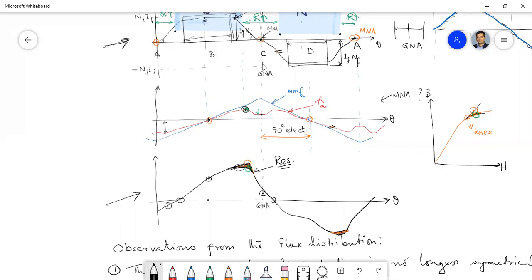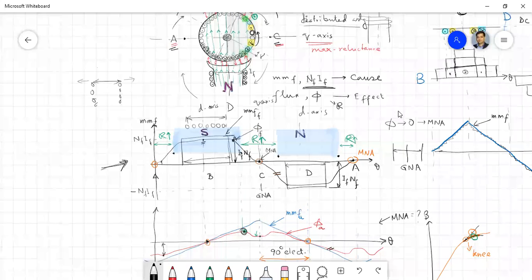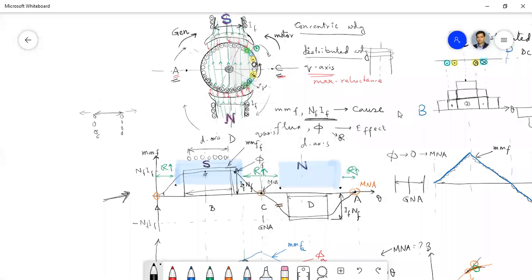Now, in which direction is the motor rotating? If I consider it's a motor, then in which direction is the armature rotating? When we are drawing this distribution in linear form, in which direction is the machine rotating as a motor?